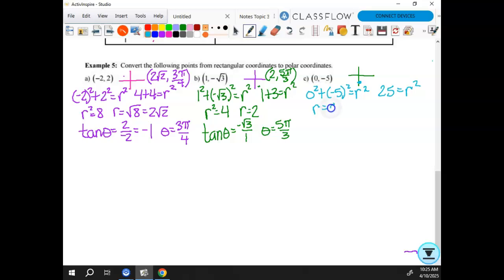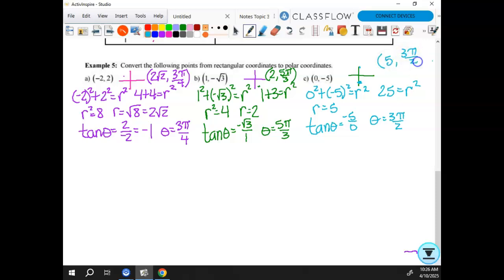So r equals 5. All right, tangent theta is equal to negative 5 over 0. That is undefined. Tangent is undefined here and here, so clearly that's the one I'm using. So theta is 3 pi halves. So my ordered pair is 5, 3 pi halves.